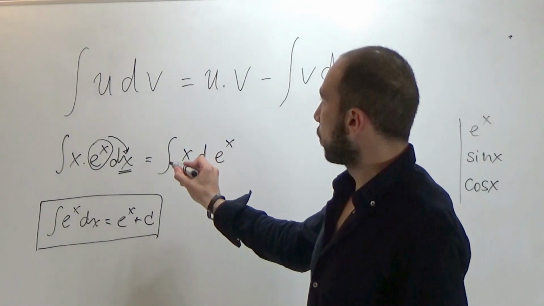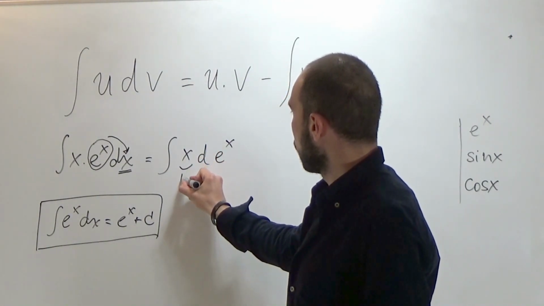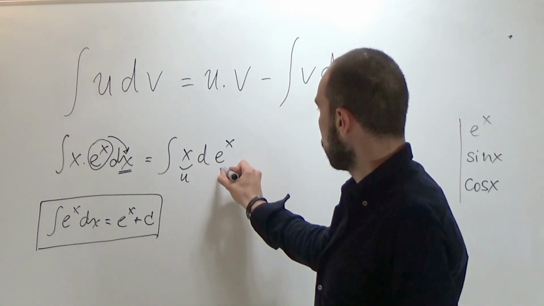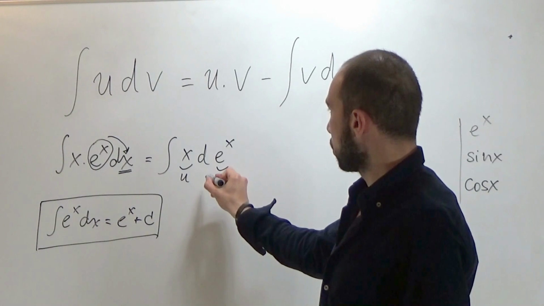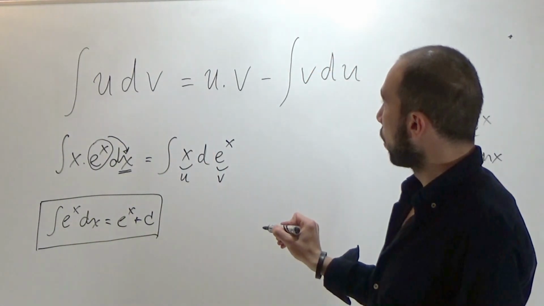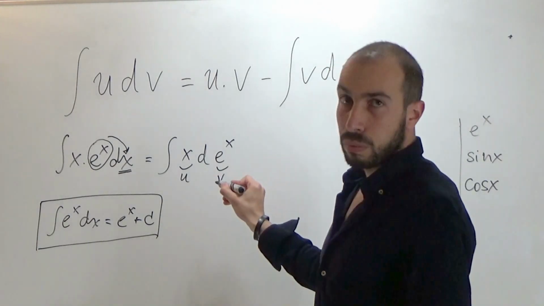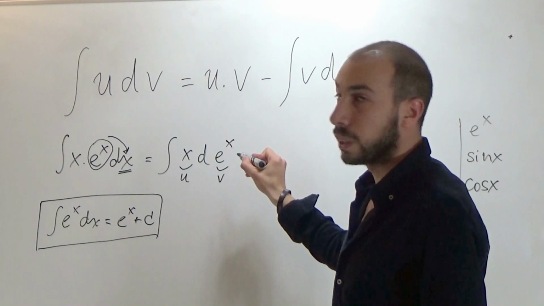Okay, now we have function u, function v. This looks like this one. We can apply the formula in the next step.